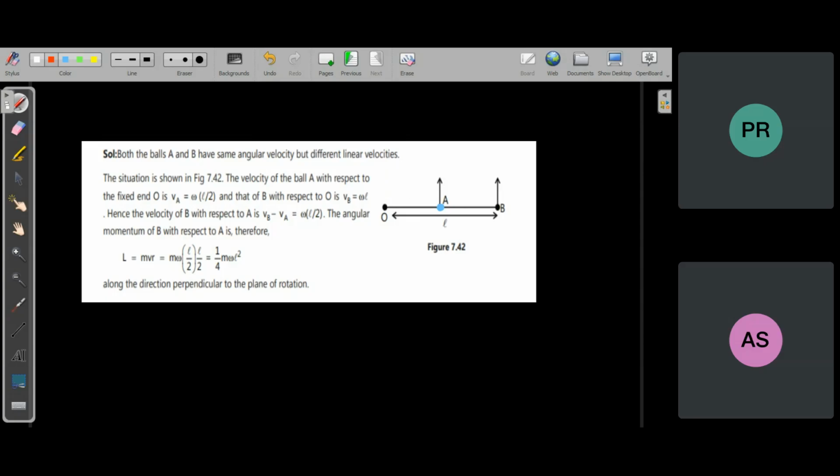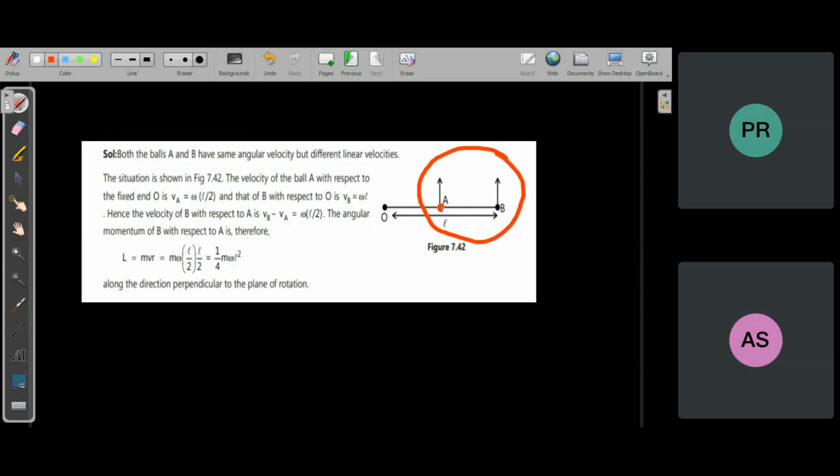Even if you do it directly using the formula, for body A it will be m omega into L square by 4, but that will be about O. It's asking to find with respect to the ball at the center.